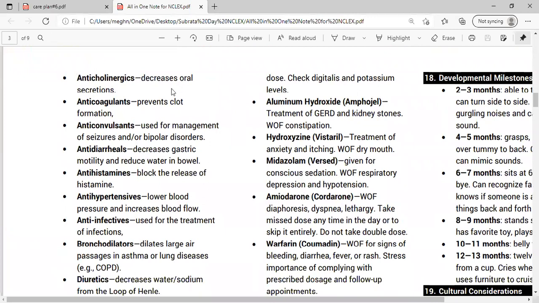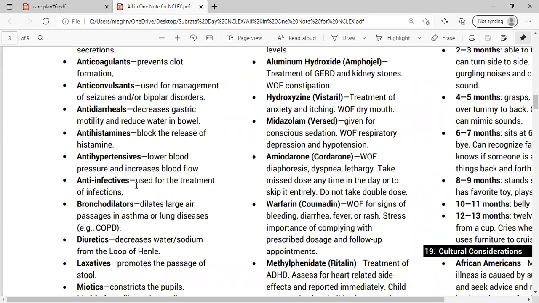Anticholinergics decrease oral secretions. Anticoagulants prevent clot formation. Anticonvulsants we use for management of seizures and bipolar disorder. Antidiarrheals decrease gastric motility and reduce water loss in the bowel. Antihistamines block the release of histamine. Antihypertensives lower the blood pressure and increase blood flow. Anti-infectives are used for treatment of infection.